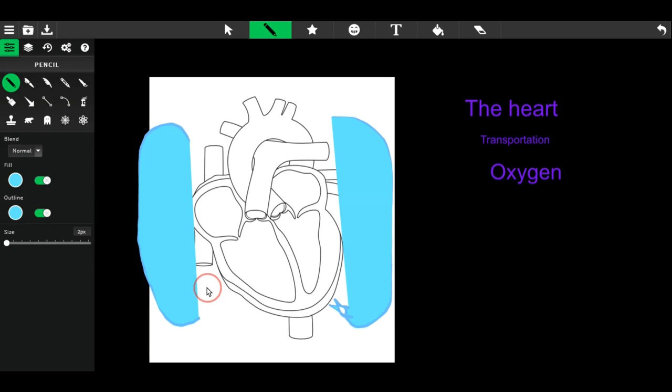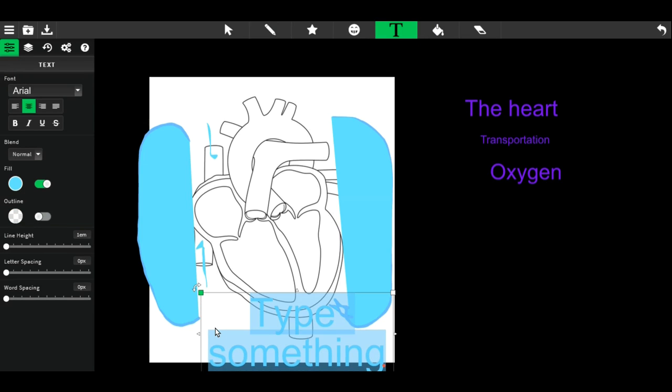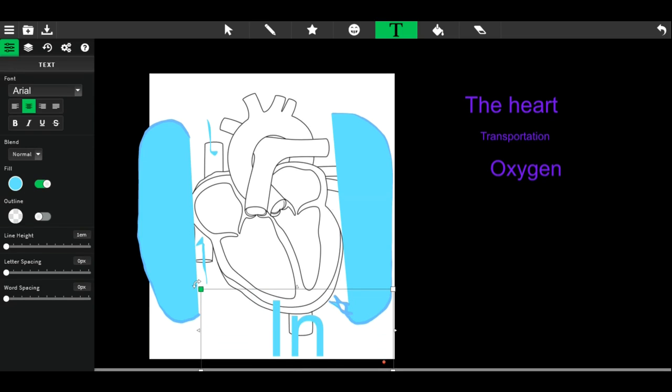So the blood starts by entering in through here and in through here. And this right here is called the inferior vena cava. Inferior vena cava.